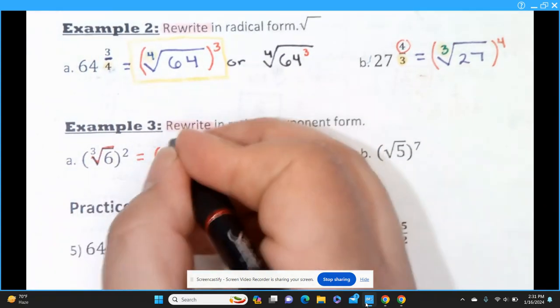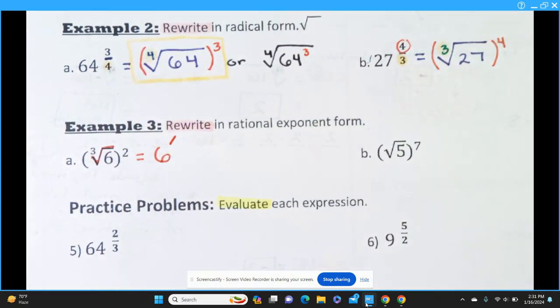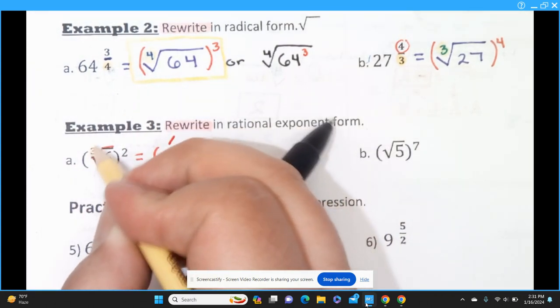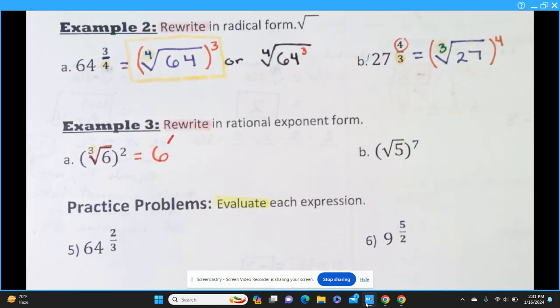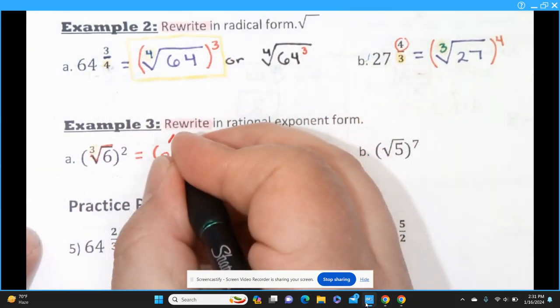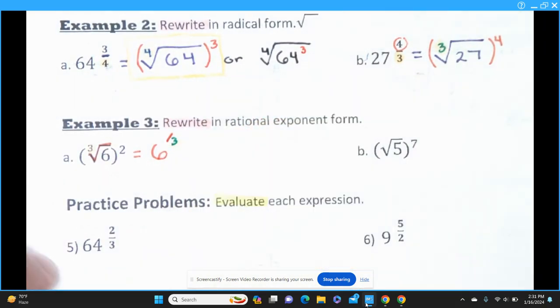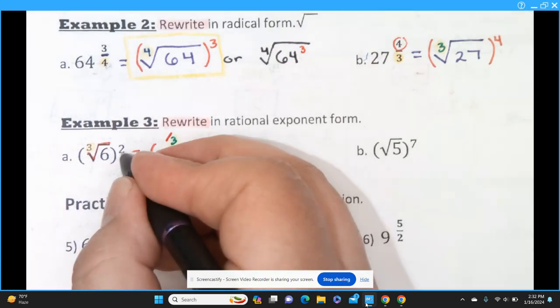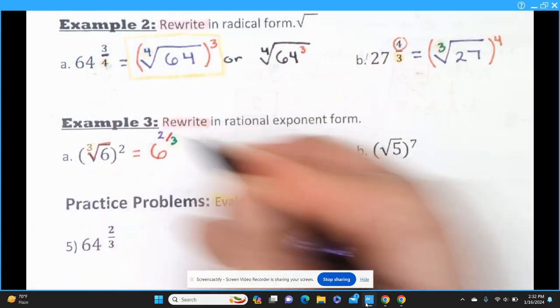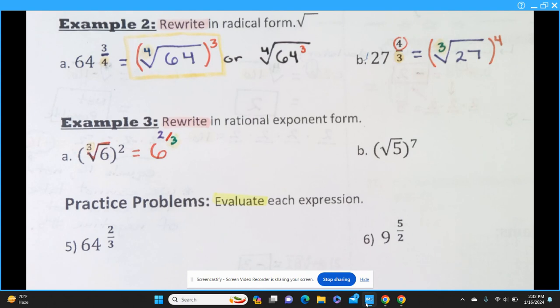Because it has a radical, I'm going to write the little fraction on top. All right, but here we go. My index was a 3. And if you remember what we mentioned, if my index is 3, then that is my denominator. It goes right there at the bottom. And of course, on the top, well, there's a 2 on the outside. Well, that's where the 2 goes. There is a spot for everything on here.